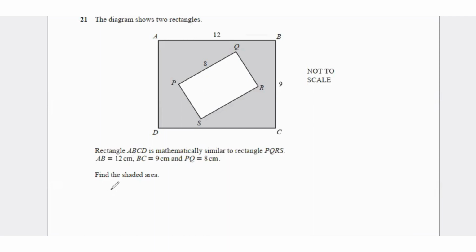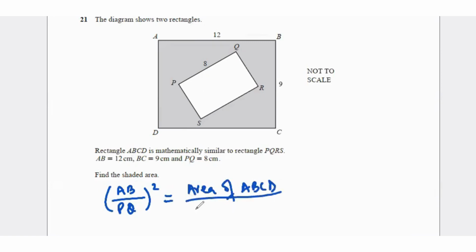So basically, AB corresponds to PQ, and if we square this fraction, that would equal the area of ABCD divided by the area of PQRS.